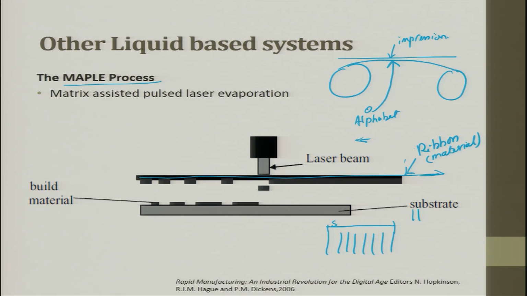However, in laser, what happens is you can reduce or increase the distance, the pitch between the two letters, by increasing and decreasing the feed rate control. When you start doing feed rate control, you can start controlling the spool, and then you get this process. So, this is the Maple process.